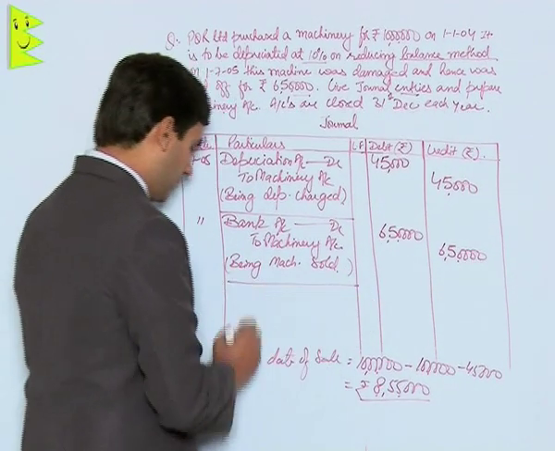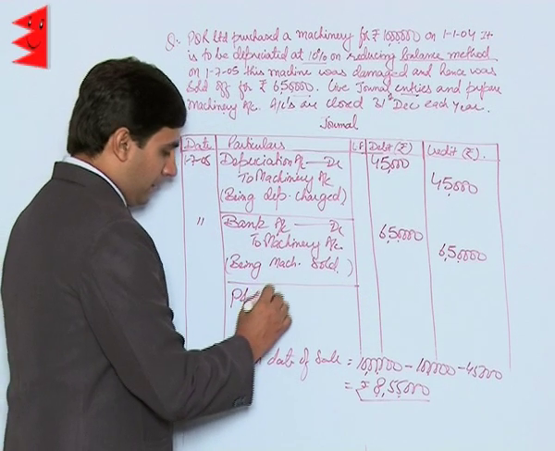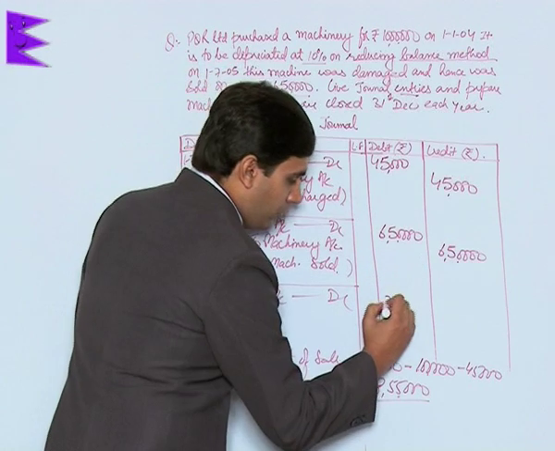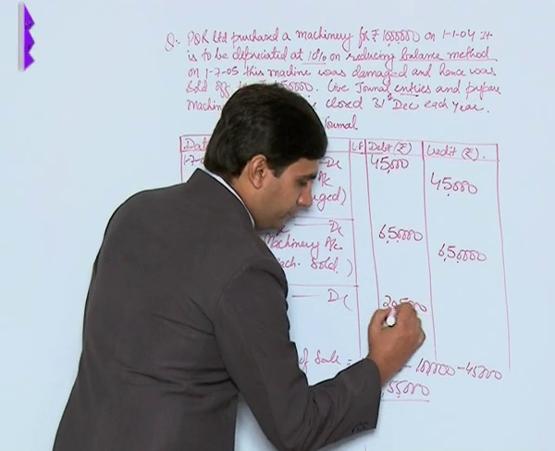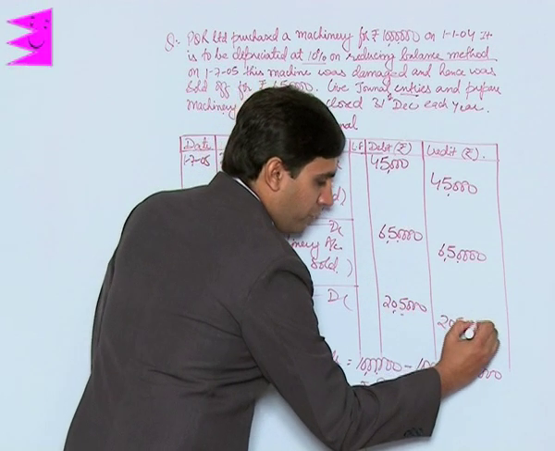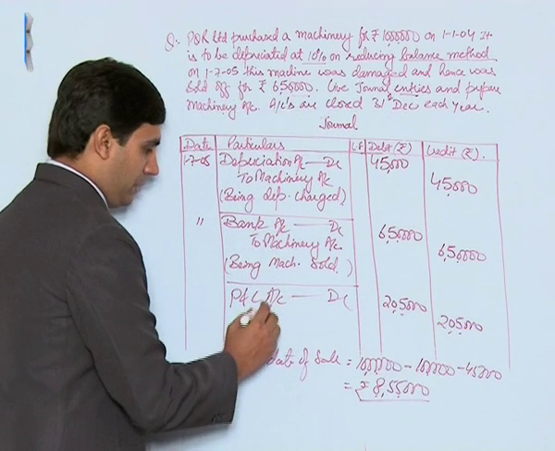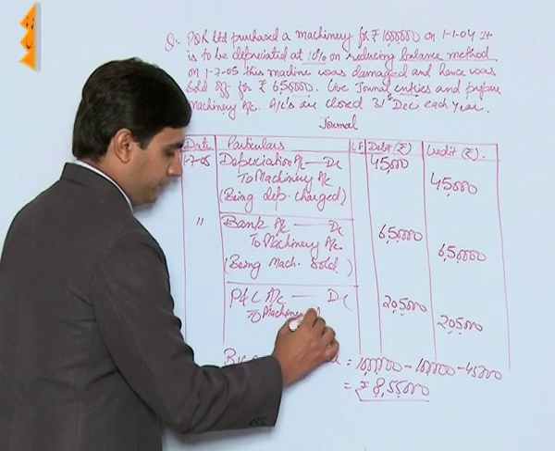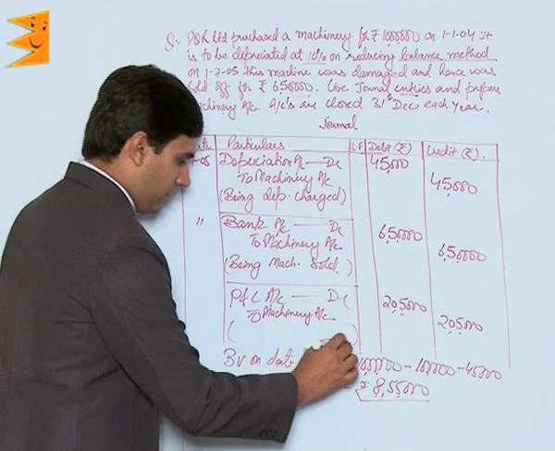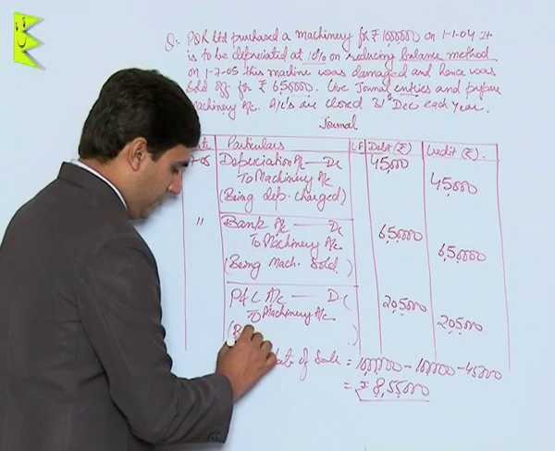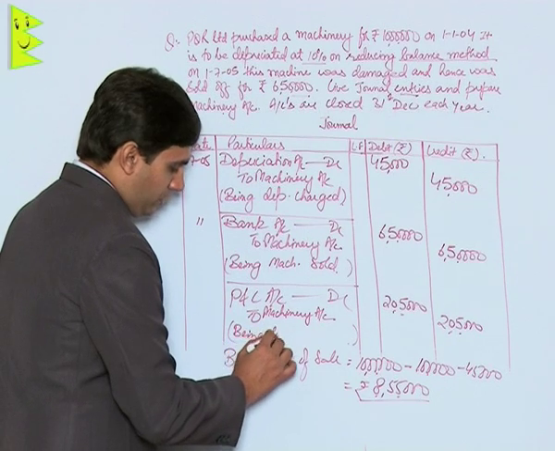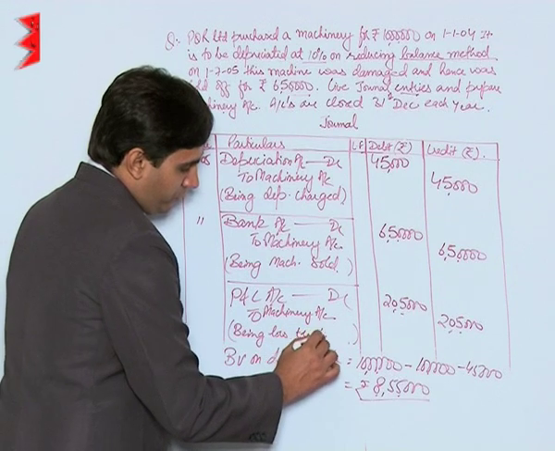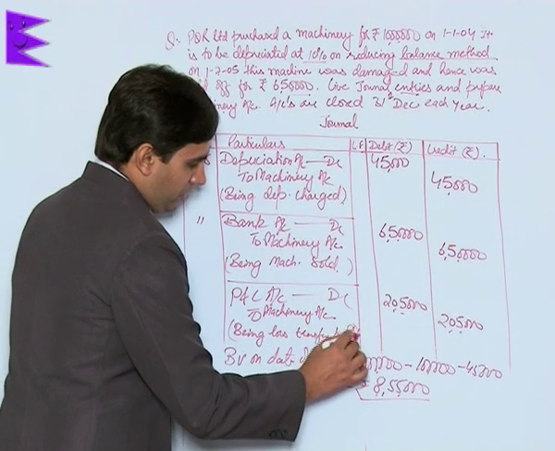So the loss in this case would be rupees 2 lakh 5,000, which would be recorded as profit and loss account debited to machinery account. And the narration would be being loss transferred to profit and loss account.